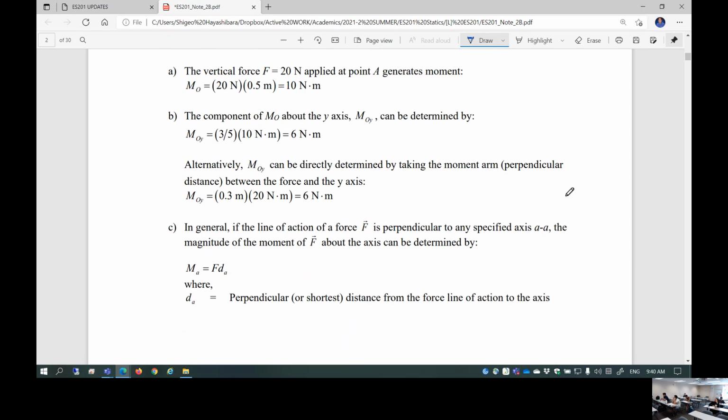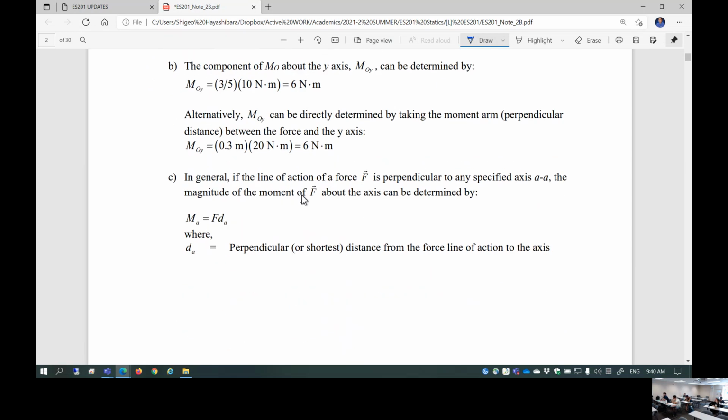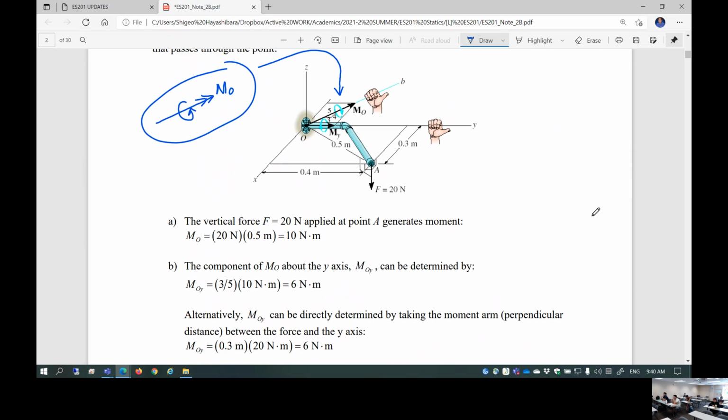All right, so let's move on. In general, if the line of action of a force F is perpendicular to any specified axis AA, let's say you can draw any axis AA.